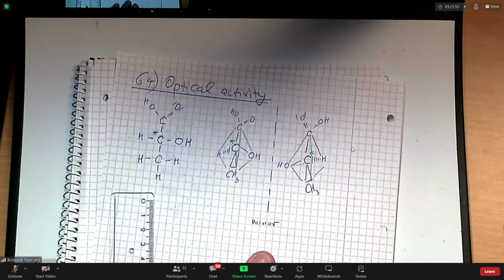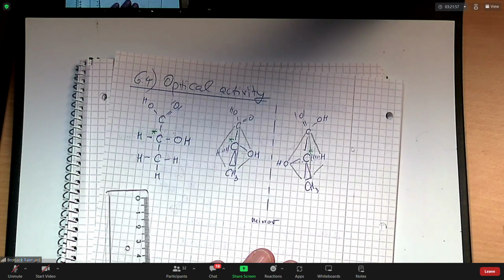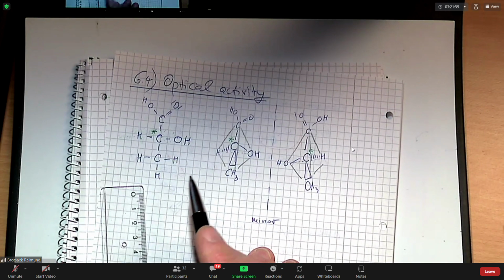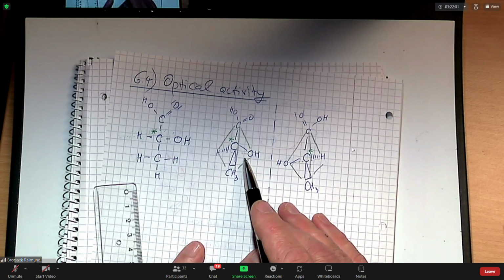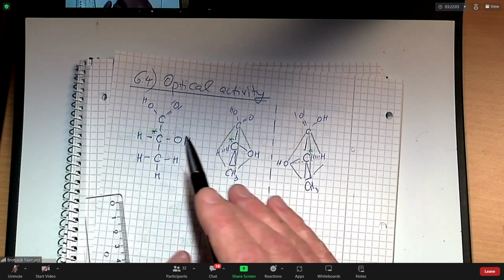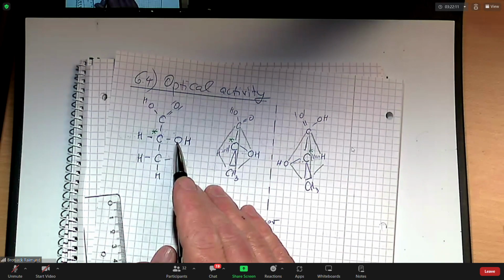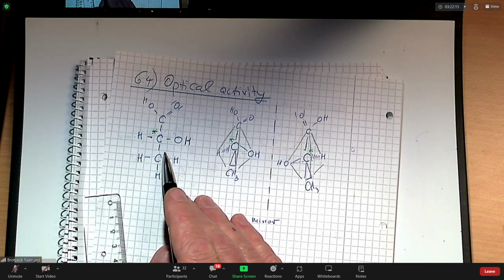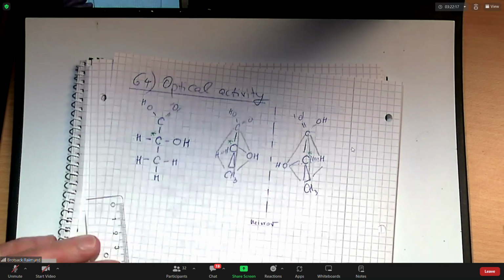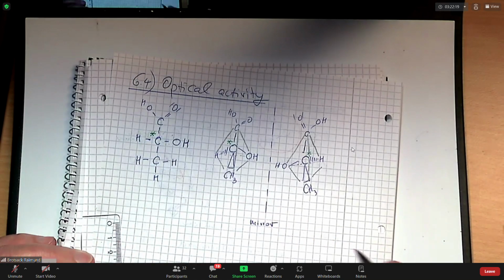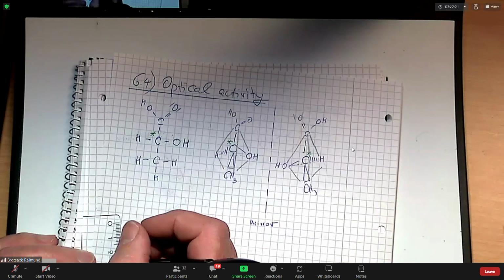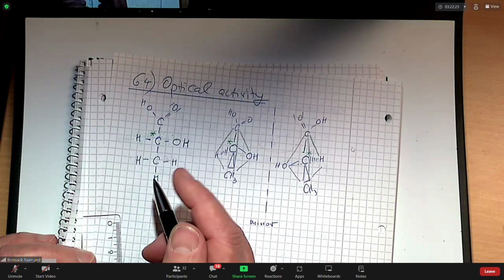That is what we call the Fischer projection. But then we have to know exactly the 3-dimensional structure, and then we press it into a 2-dimensional plane. And when the OH is on the right side of this projection, we call it D. D for dexter, in Spanish derecho.